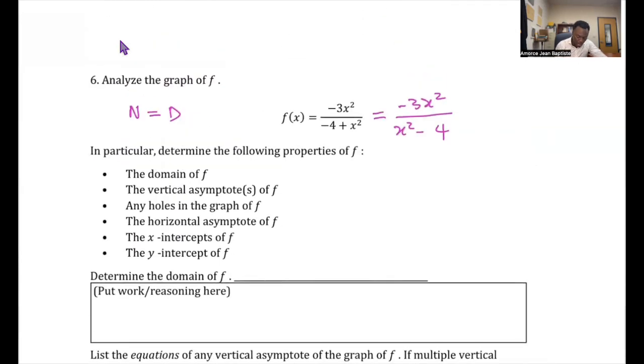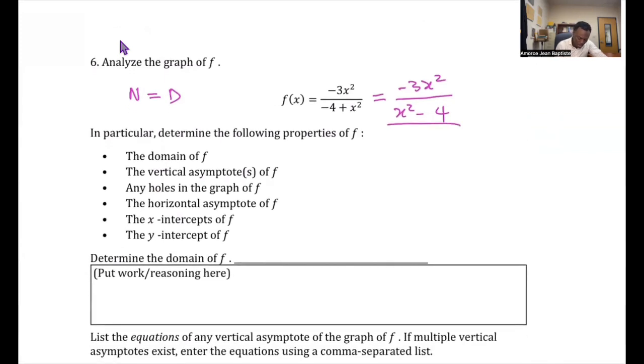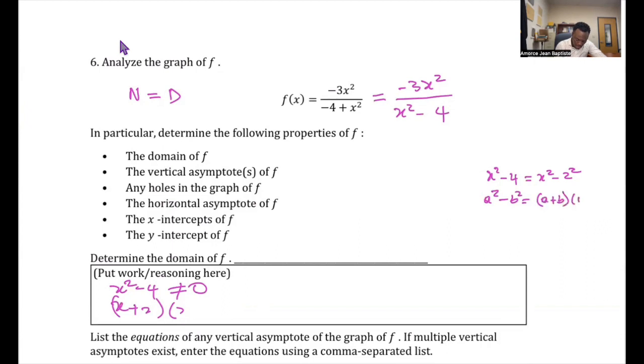Domain will be, because this is x squared minus 4, so I can factor this. x squared minus 4 should be not equal to 0. 4 is 2 squared, so x squared minus 4 is x squared minus 2 squared, which is the a squared minus b squared formula, a plus b times a minus b.